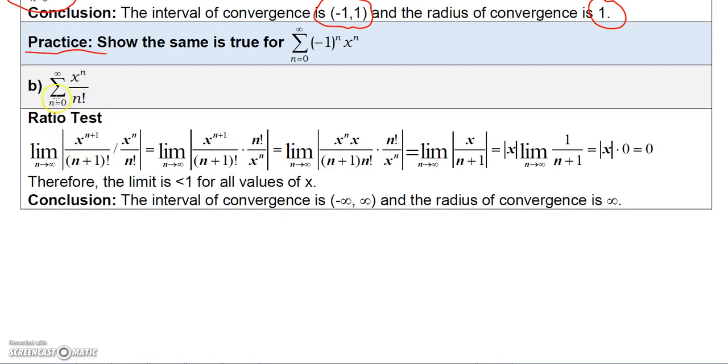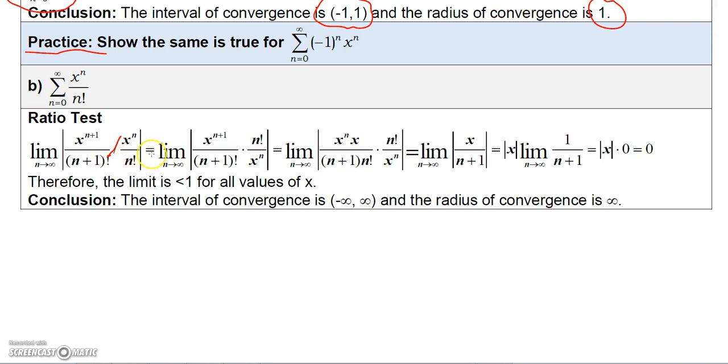Now on this one, I would take this series evaluated at n plus 1, so I'd get x^(n+1) divided by (n+1) factorial, and then you divide that by a_n, so that would be x^n over n factorial.